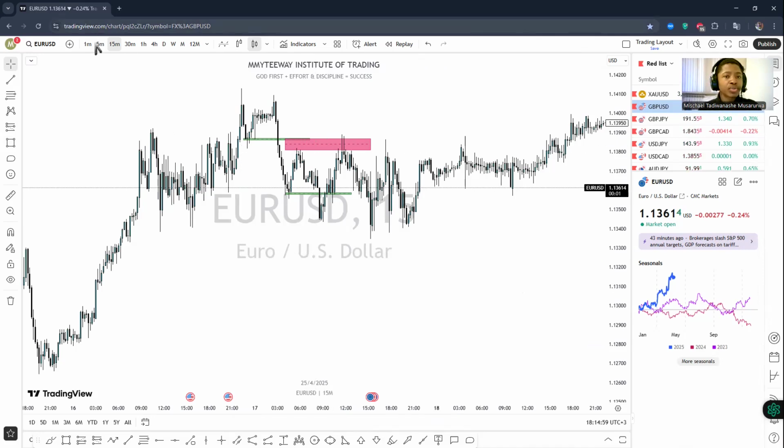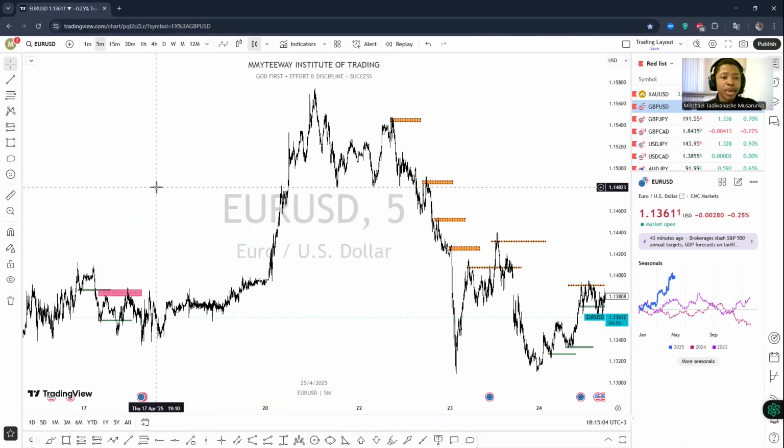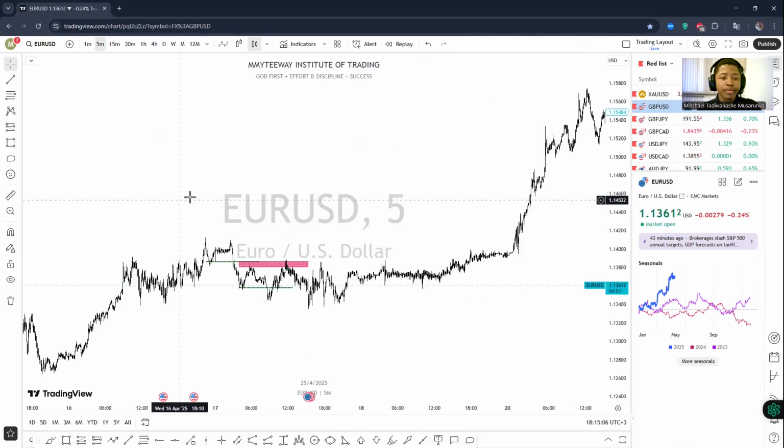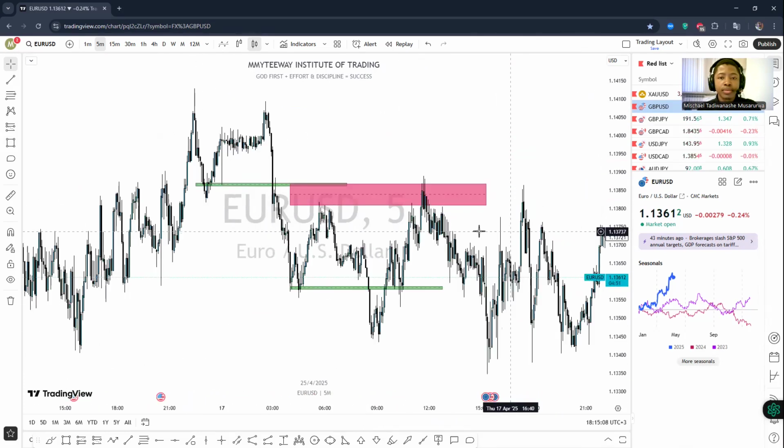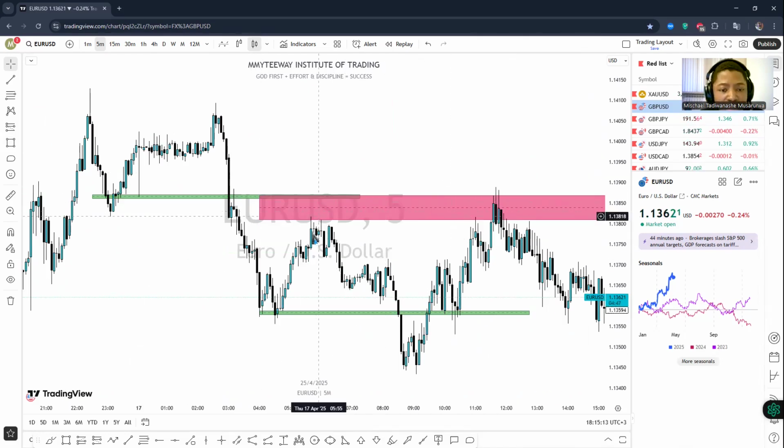So going back into our 5 minutes time frame, you can see when it came to the 50% retracement, right? There were huge weak rejections, 1, 2, 3 weak rejections, a lot of pin bars and 2 doji candles right here. You could have entered at any one of them, right?